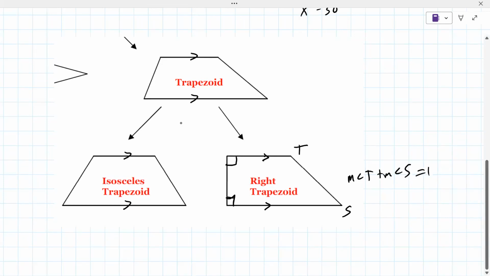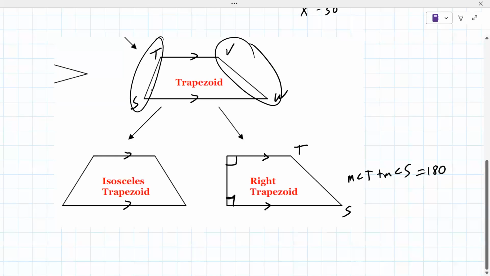Every trapezoid adds up to 360, but more importantly, you only know that S and T add up to 180 and V and W add up to 180.